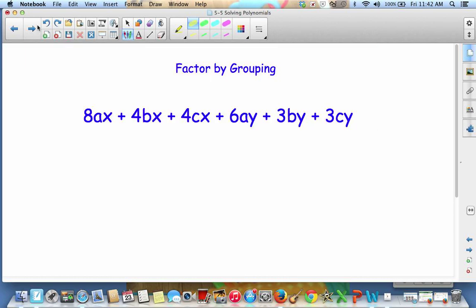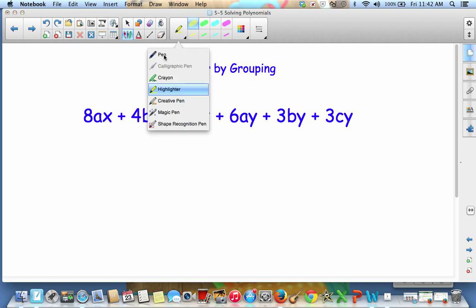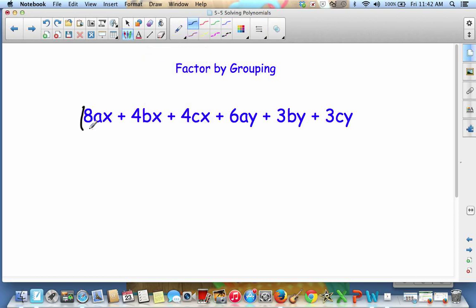So here's an example of factoring by grouping. I'm going to go ahead and group terms that I see that are alike. So for example, these three terms, they all have x in common, and they all have a 4 in common. So if I take out 4x, I'm left with 2a plus b plus c.